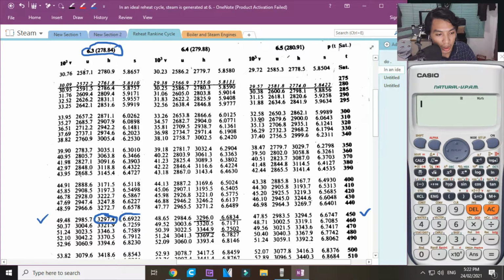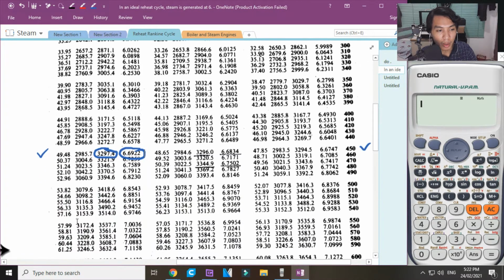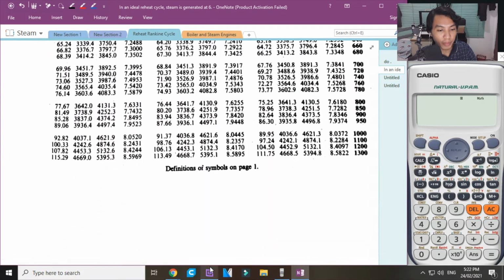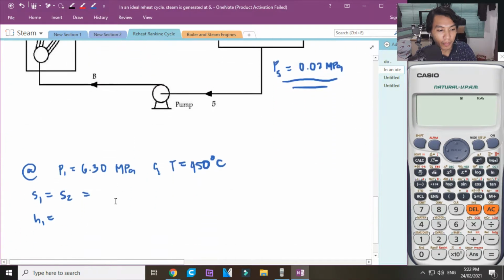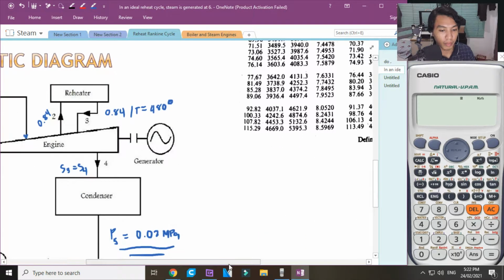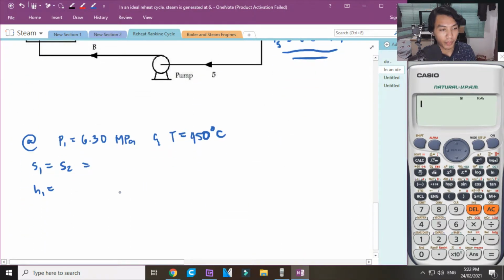And S. 6.6922. 3297.4 kilojoules per kilogram. Yung S1 mo will be 6.6922 kilojoule per kilogram degree Kelvin. Now, you have the value for H.